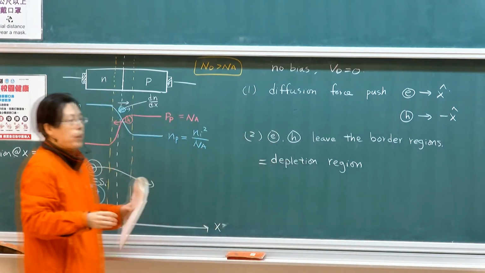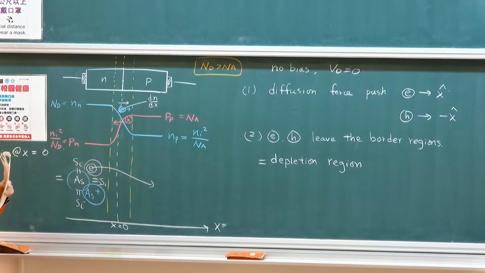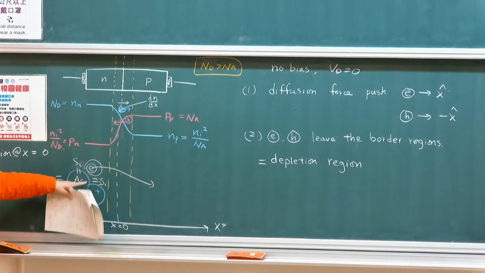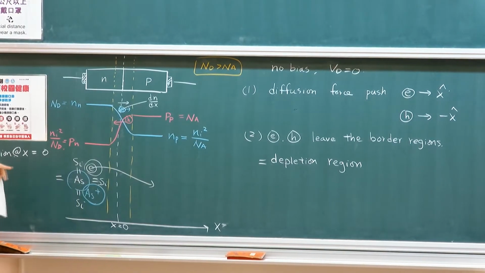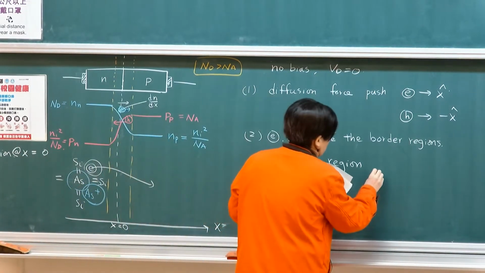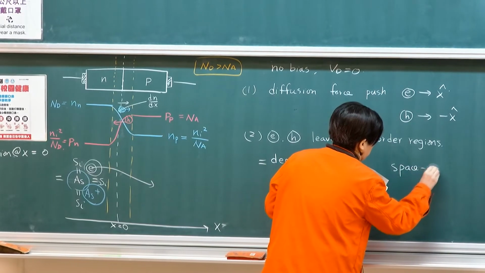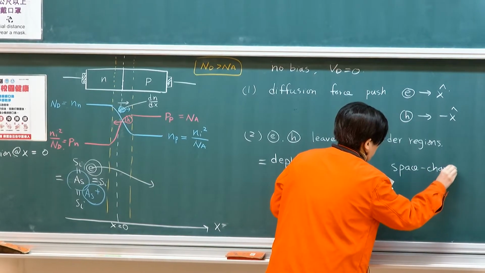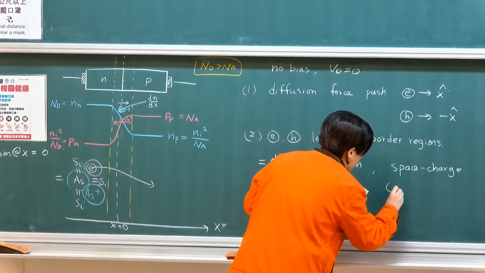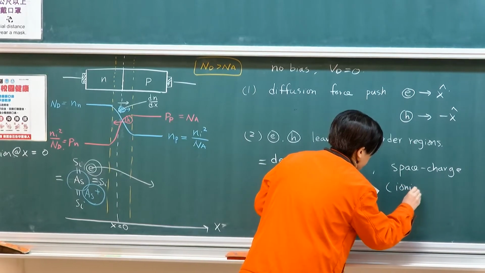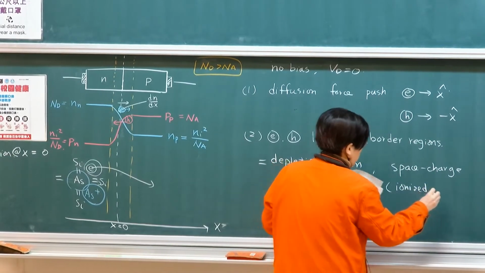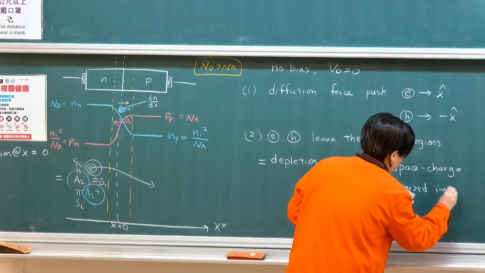There will be no carriers because the carriers tend to move over to the other side. Once these carriers have left, this becomes the ionized impurity. We call this space charge, which consists of ionized impurity.